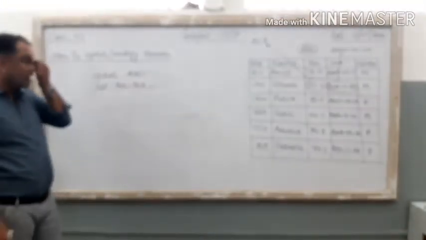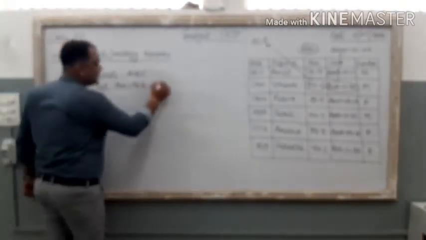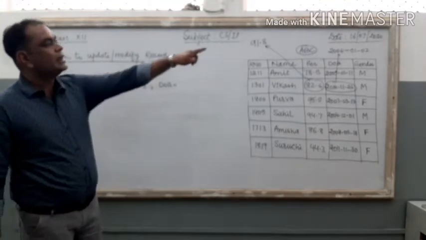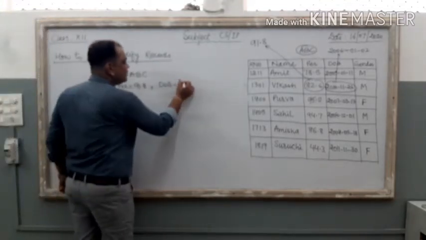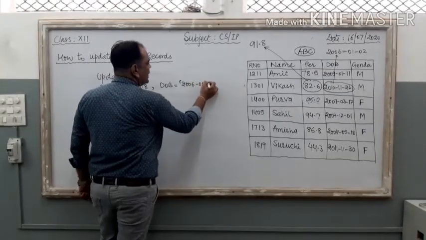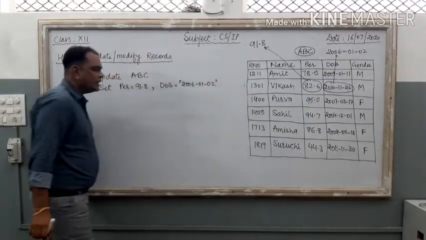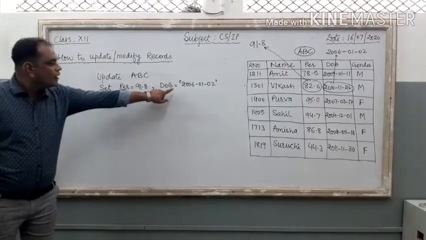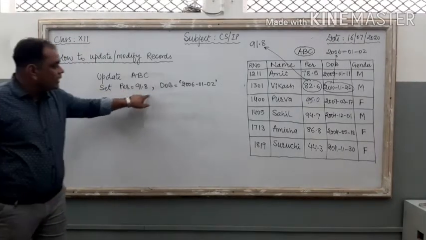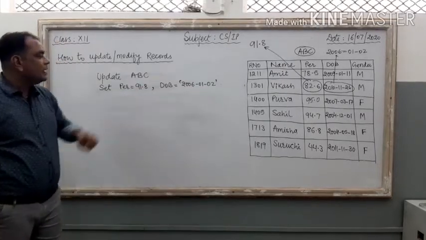Then after the comma, date of birth. The second column is DOB equal to, now just write the new date of birth. It is 2006-01-02. Done? Two different columns. The names of these two different columns are there with the command, and the new values of those columns are there with the command.